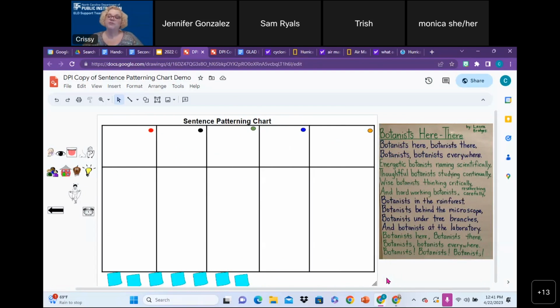We won't unmute, because digitally that can be a little overwhelming with so many unmuted mics. So if you have the ability to just show yourself on camera, then that would be awesome, so you can follow along. If you don't have the ability, then just do it with us, even with your camera off. So you can see the botanist chant here. I'm going to demo the chant just like I would demo it with students.